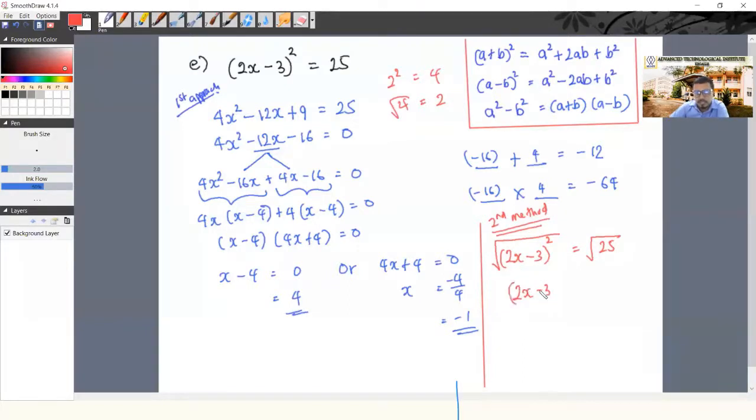So here we are left with 2x minus 3 equals the square root of 25. Square roots can be a plus value or a minus value.